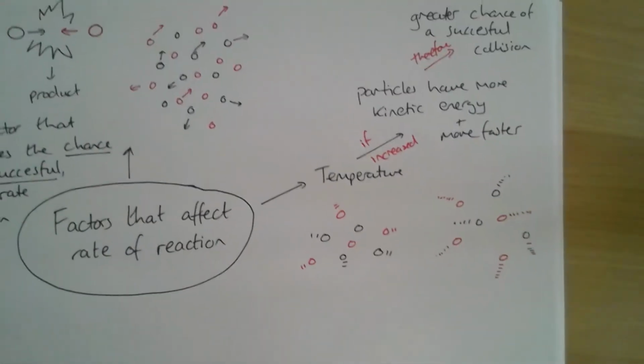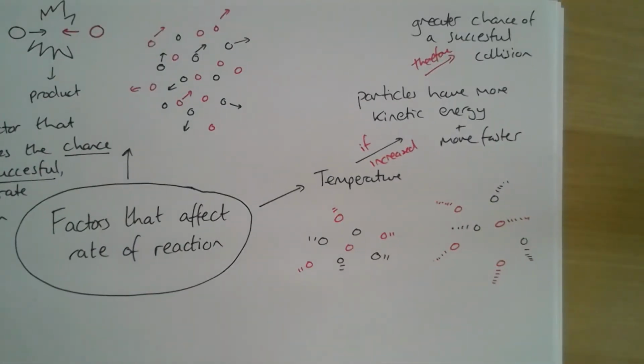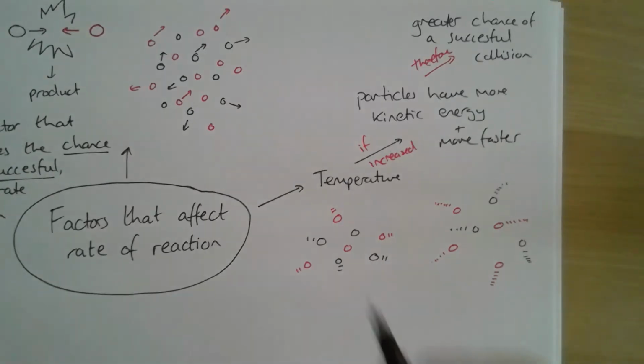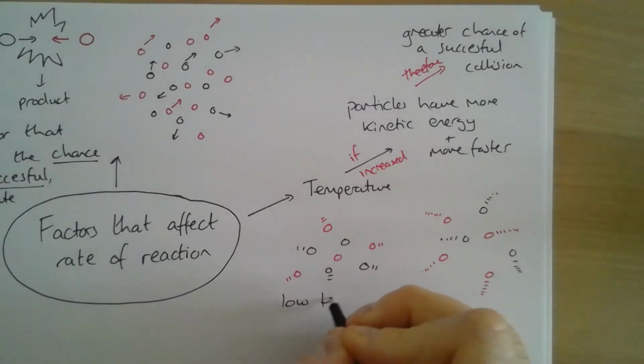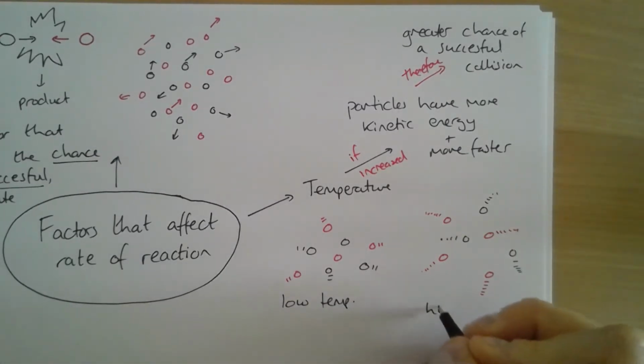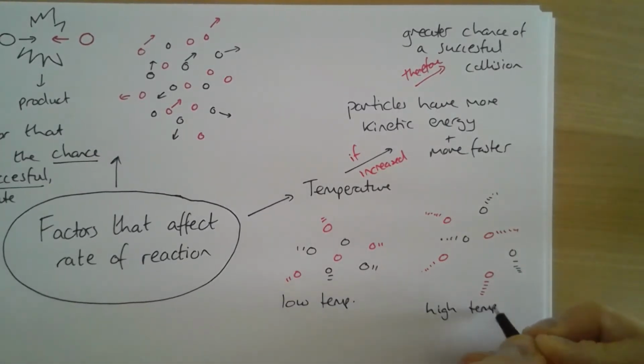Okay, so the key idea there is that if we've increased temperature, the particles have more kinetic energy and they move faster. So this would be a low temperature, and this would be a high temperature.